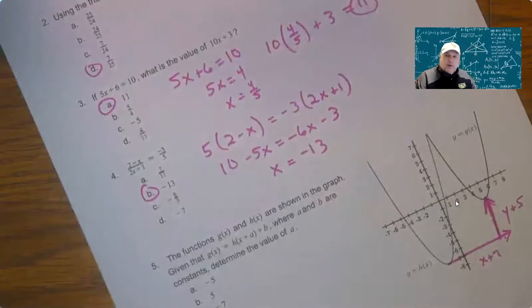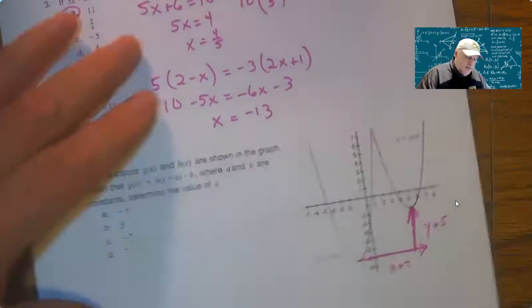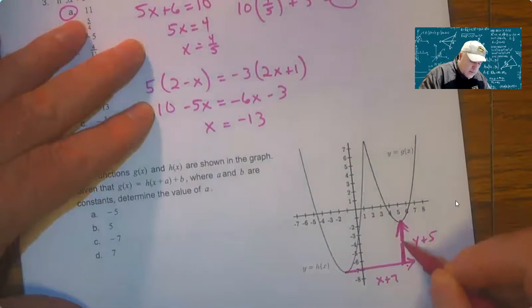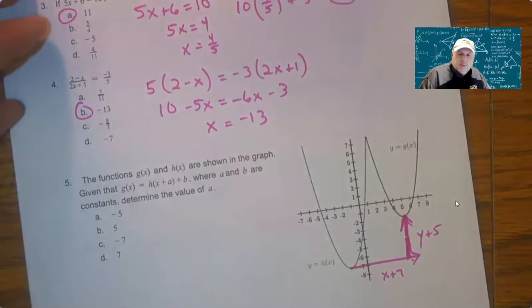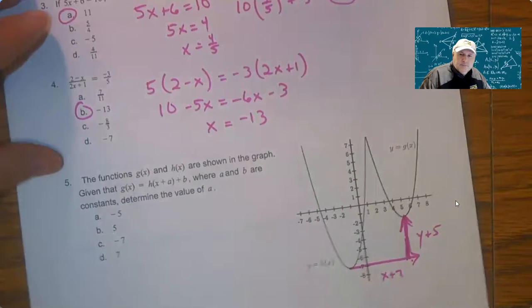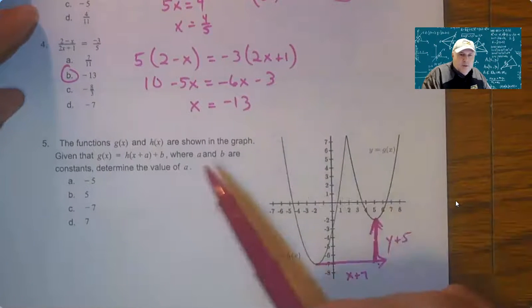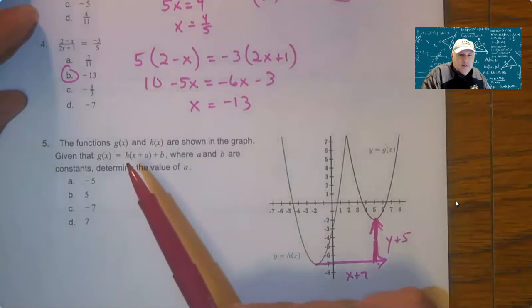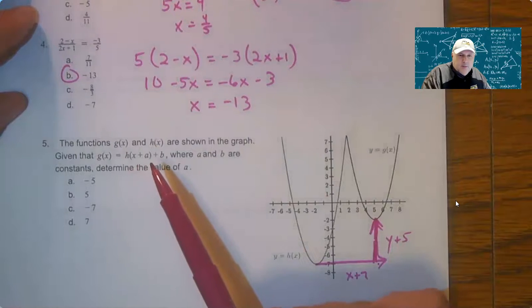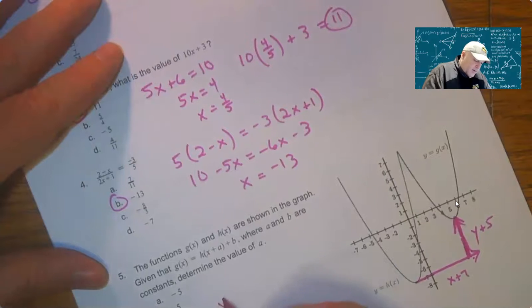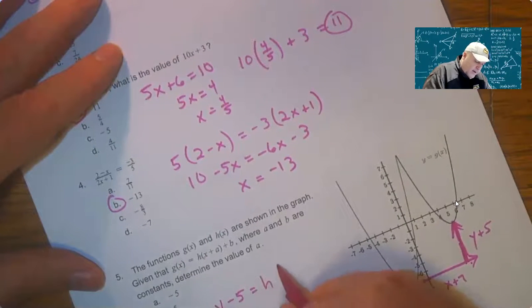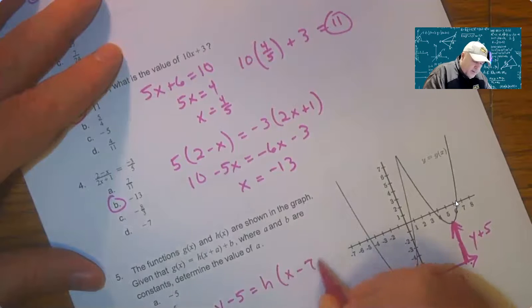So that's what we need to put in, we need to put the inverse expressions in, so this h of x plus a would be x minus 7. And then you'd have y minus 5 equals h of x minus 7.